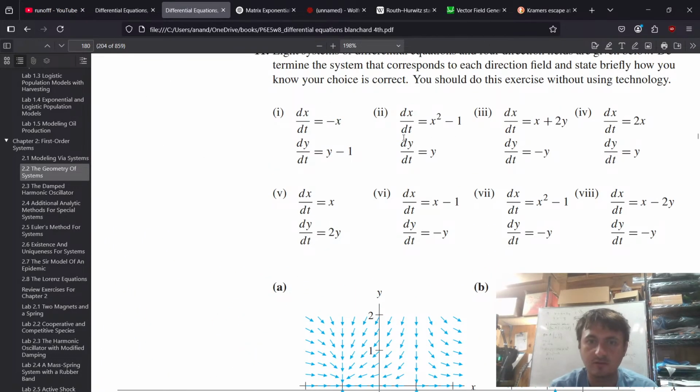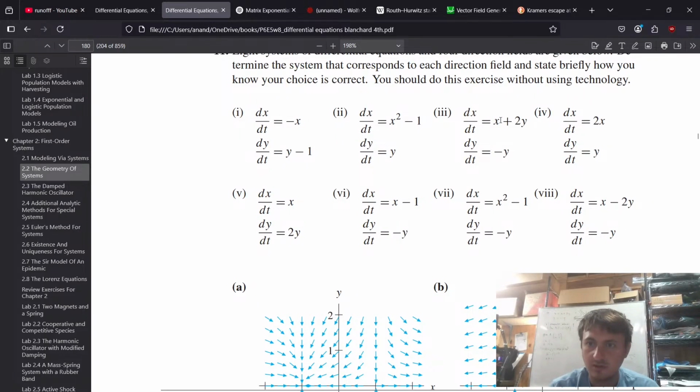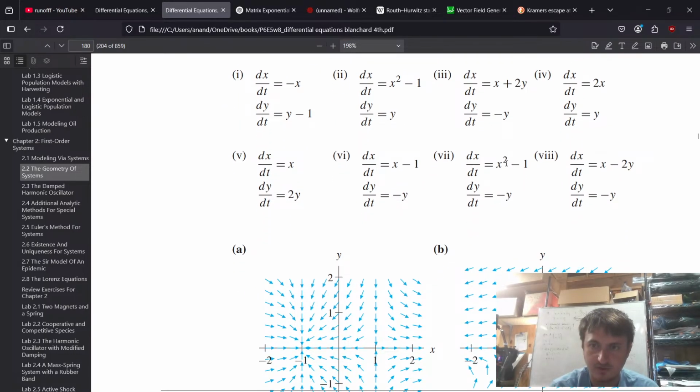Okay, so x squared minus 1. I'm going to double check my answer. I think I already did this problem, but I'm going to do it again.